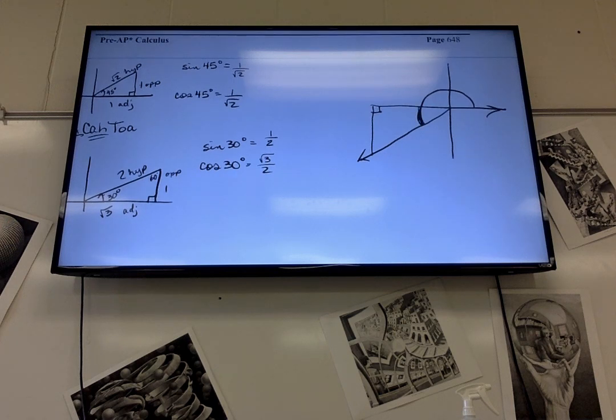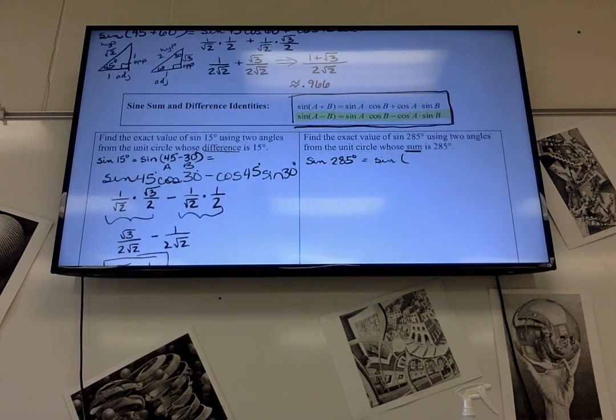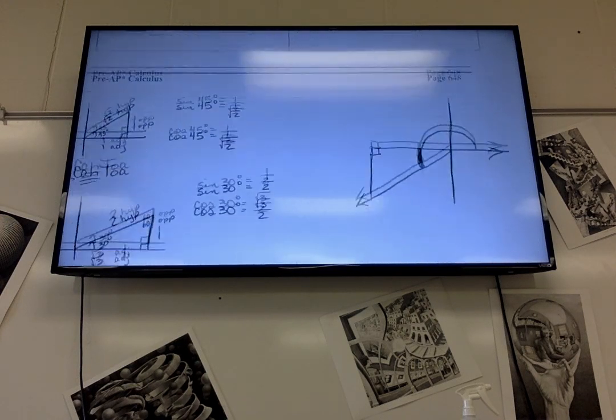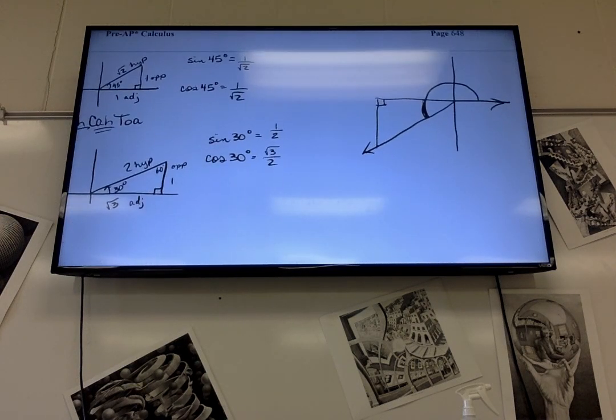Wait, is it 285? The angle, this was 285. So I need two angles, like something plus 45 or something plus 30 or something plus 60 that has a special right triangle.